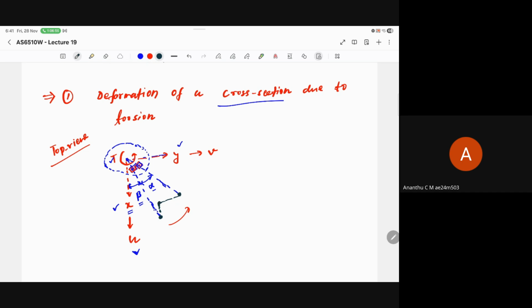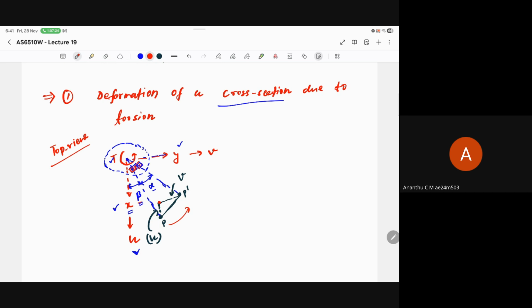So this is your displacement in the x-axis, which is u, and this is the displacement in the y-axis. This is the point P, and let us say this is P prime. So we need to find the value of the u displacement and the value of the v displacement in terms of these angles.